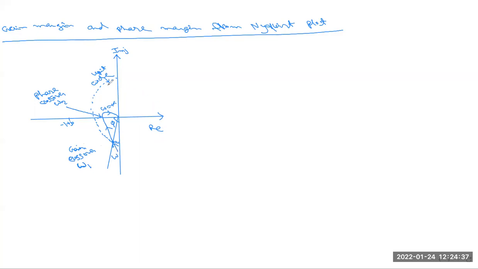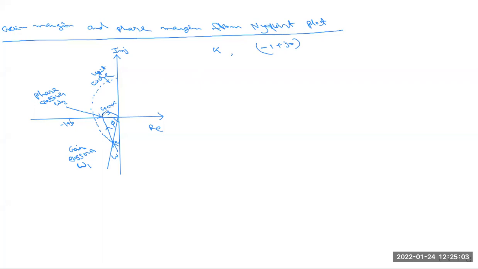So this is basically the picture of the gain margin and also the phase margin. We have to plot it in our Nyquist plot. So we have to know that when the value of k ranges between -1 plus j0, then this system is called a stable system.